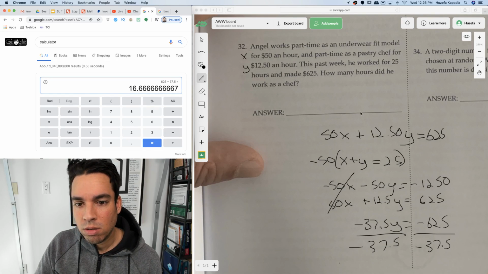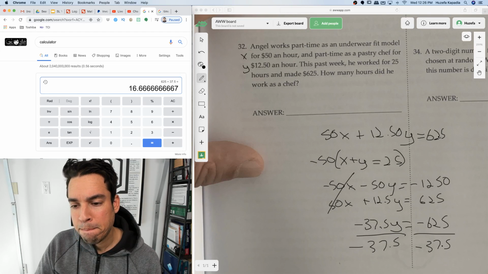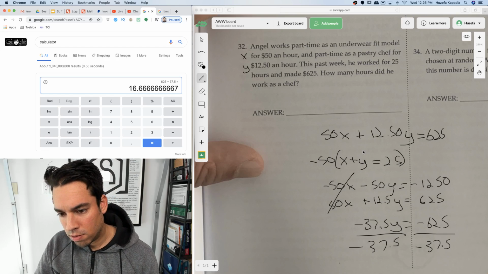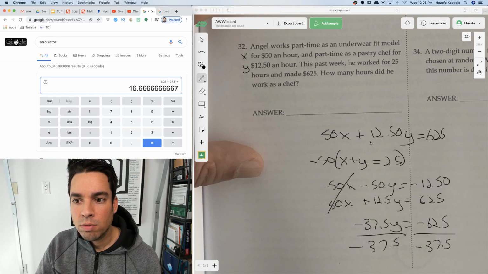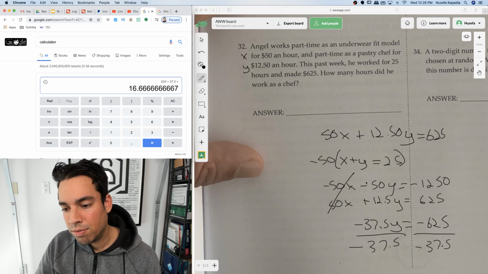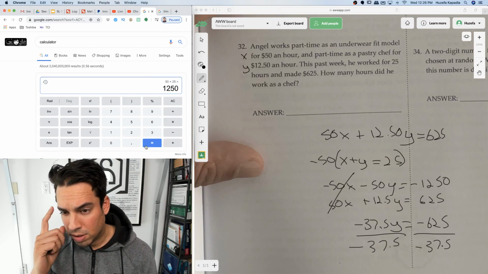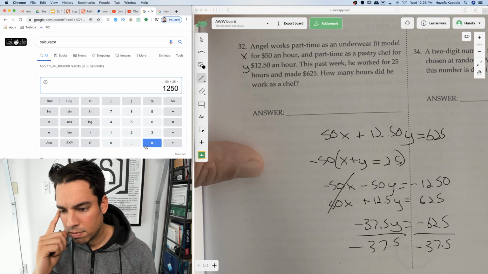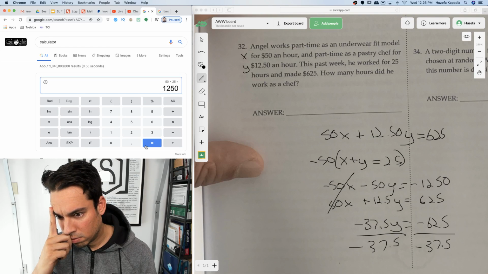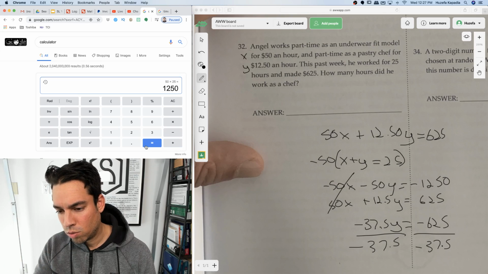50x, 50 an hour, and then part-time chef is $12.50 an hour. Made 625, so we made 625. Good. Then x plus y is 25. Negative 50x, negative 50y equals 50 times 25. Let me do it again. Equals negative 1250. 50x plus 12.5y equals the 625, right?